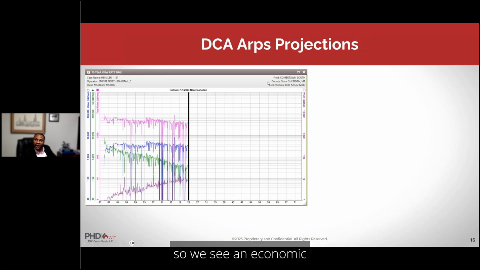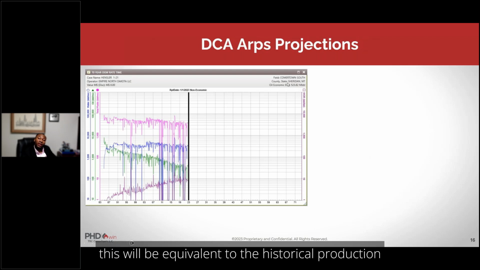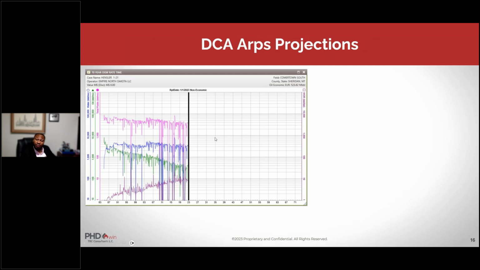We see an economic EUR value here showing 523,000 barrels. Actually, this is equivalent to the historical production, since we haven't put a forecast to this well. So far the well has made over 500,000 barrels of oil.